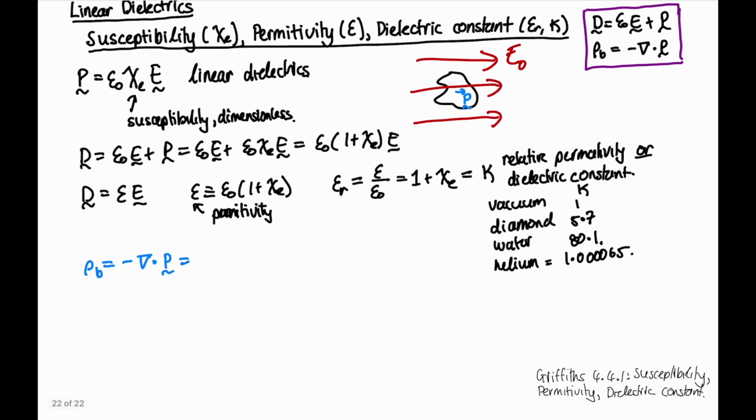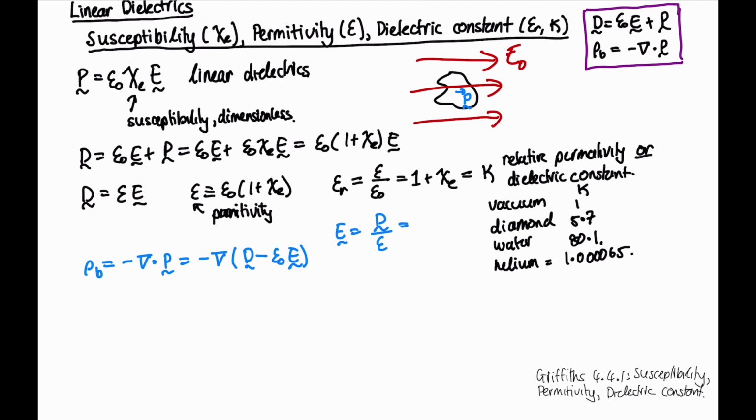So this is equal to minus the divergence of D minus epsilon naught E. And then using this term here, we can write that E is equal to D over epsilon, which is the permittivity.